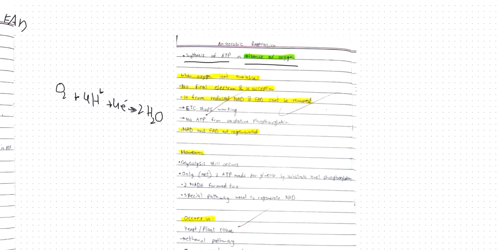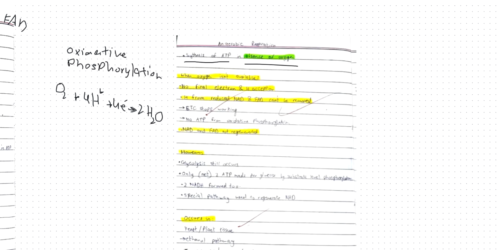When oxygen isn't available, because oxygen acts as the proton and electron acceptor at the end of oxidative phosphorylation, the oxygen molecule would accept protons and electrons and make water.